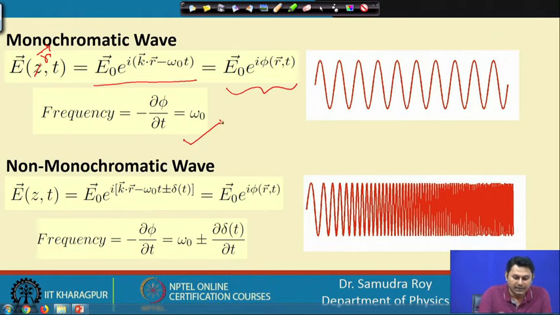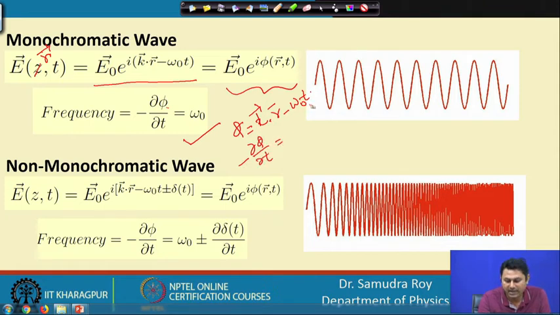Now, if I take a derivative with respect to phi, so phi here is how much? Phi in one dimension, phi in this case is k dot r minus omega 0 t. Now, if I take a derivative of this term, then whatever I have on the right hand side should be the frequency.